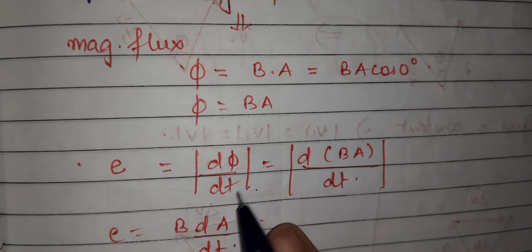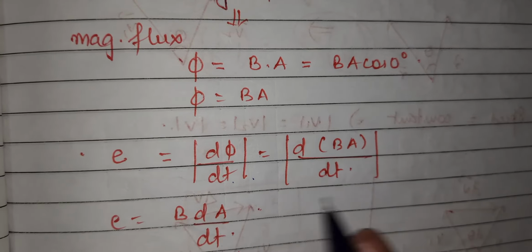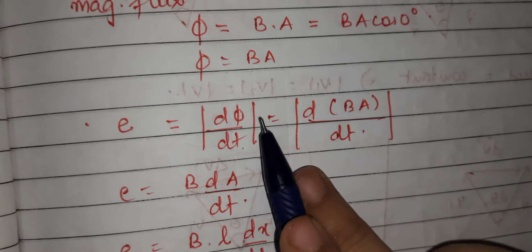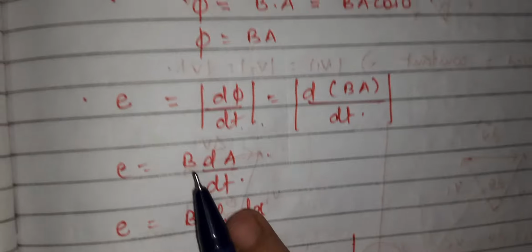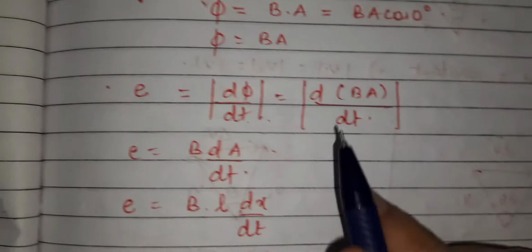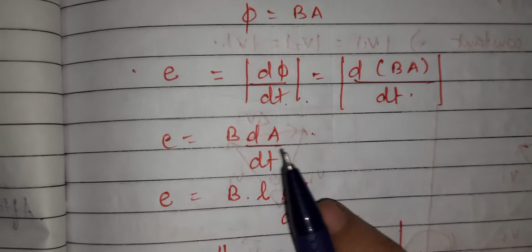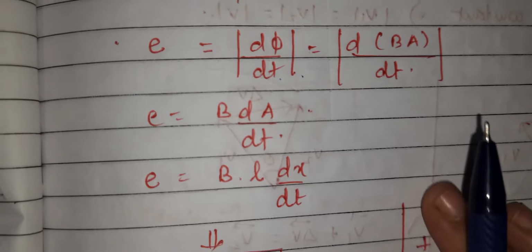In place of Φ I can write BA, so E = d(BA)/dt. Since B is constant, we are not changing the number of magnetic field lines through that area, so I can take B out of the differentiation. It becomes E = B dA/dt.